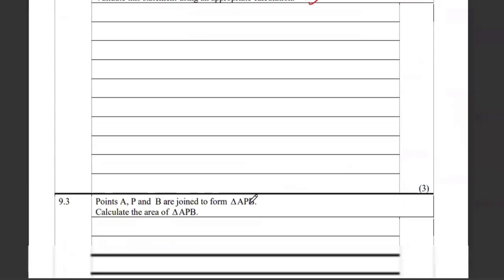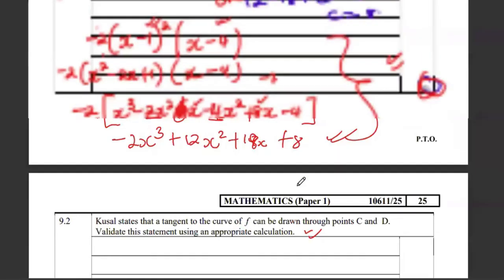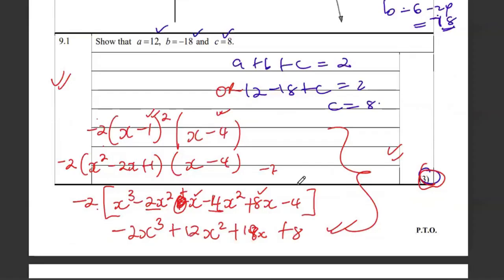So let's get the first derivative and the second derivative. So my first derivative is going to be -6x squared plus 24x minus 18. Is it minus 18 or plus 18? Because we said b is minus 18.